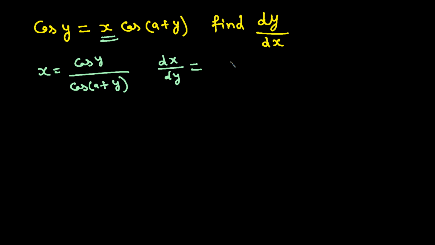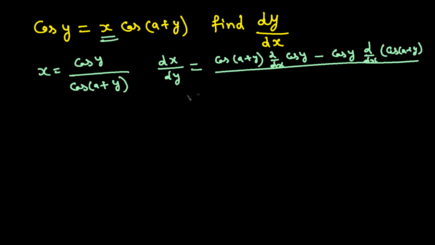So let's do that. So denominator is cosine of a plus y and d over dy of cos y, which is my numerator, minus numerator, which is cos y, and derivative of my denominator, which is cosine of a plus y, and divided by the square of denominator, which is cosine square of a plus y. Okay, so let's do it.